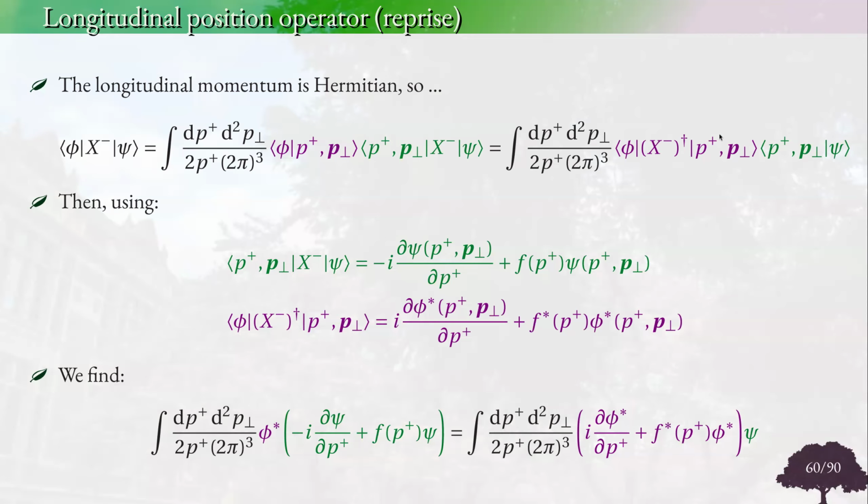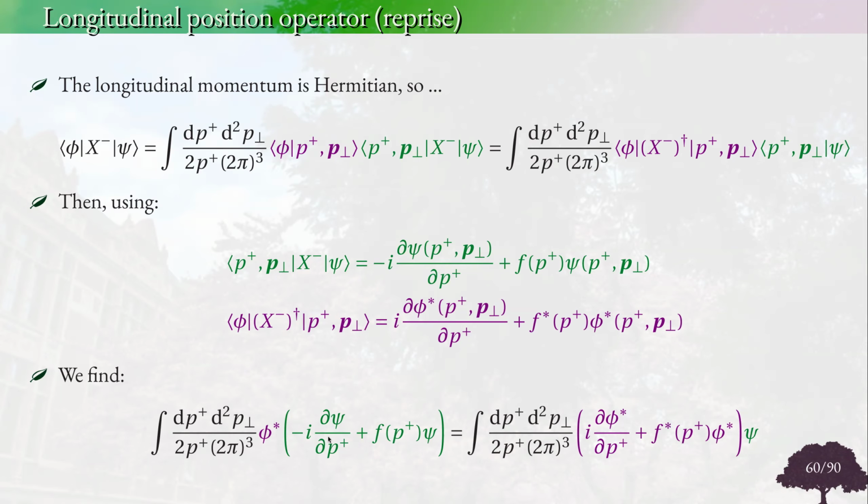The purple term in the rightmost is going to give you plus i times a p plus derivative of phi star, and each of these are going to be multiplied by f and f star. So you basically can shove these formulas into the top line, and you get this bottom line here. So you have different derivatives acting on each of these, but these two integrals should be equal to each other.